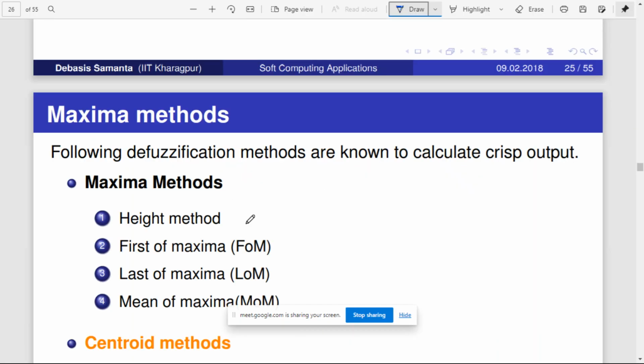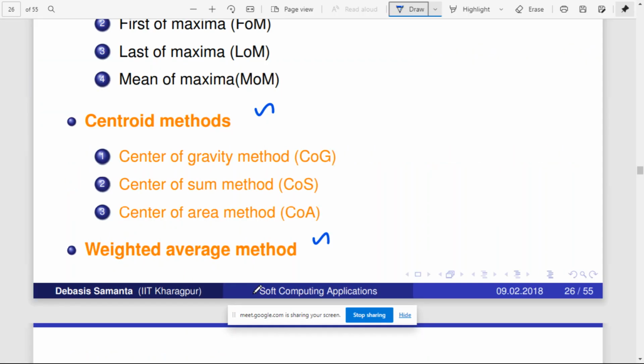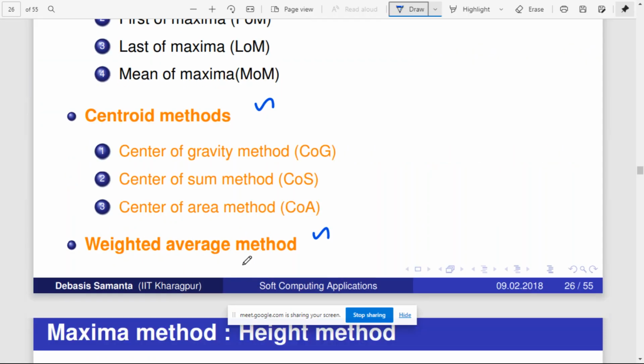Under maxima methods we have these four, under centroid we have these three, and weighted average has just one. So first we will be discussing the maxima method.